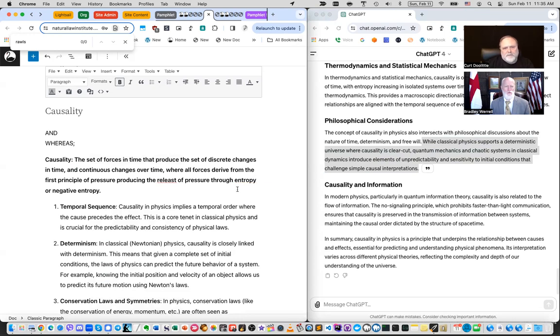Entropy. Yes. What was I trying to Freudian slip there with?